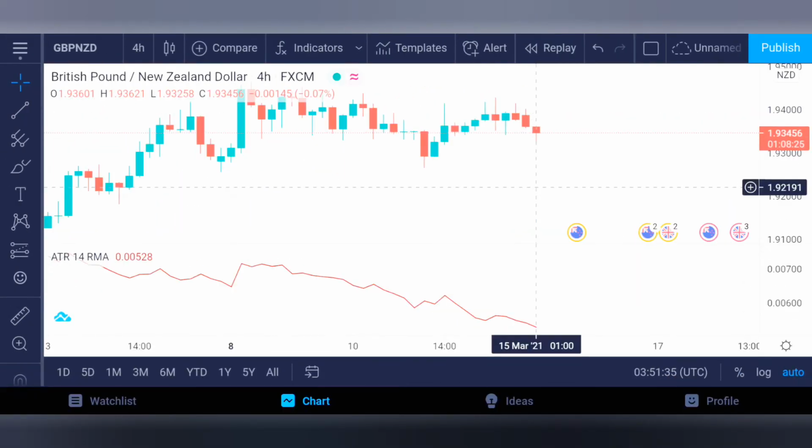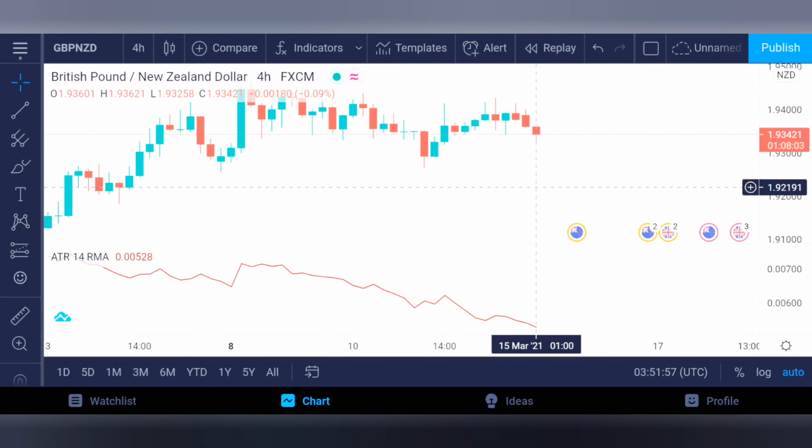You see what I'm talking about now? Still on that last candle, for pound kiwi now, look at what we have: 0.0052, so this is 52 pips. So you can tell that this is more than 2 times more volatile than the last currency pair we looked at.